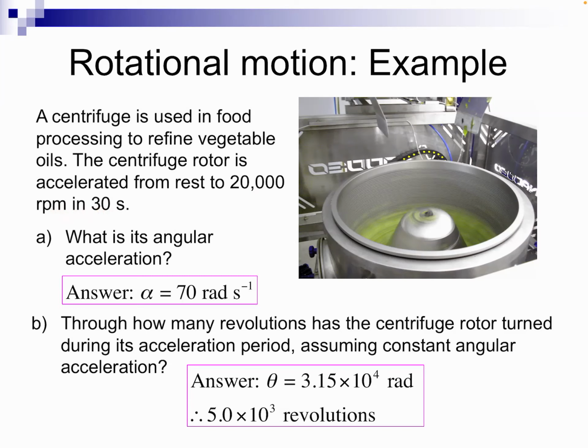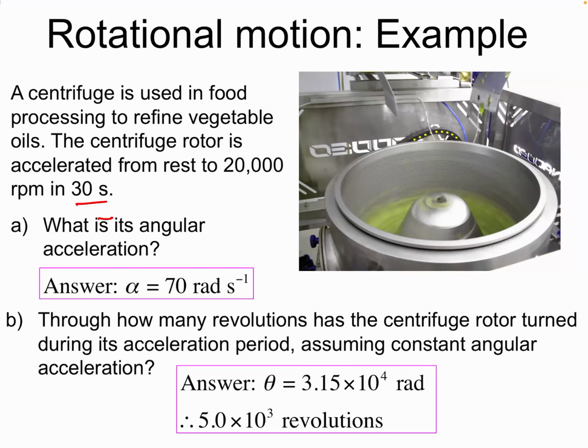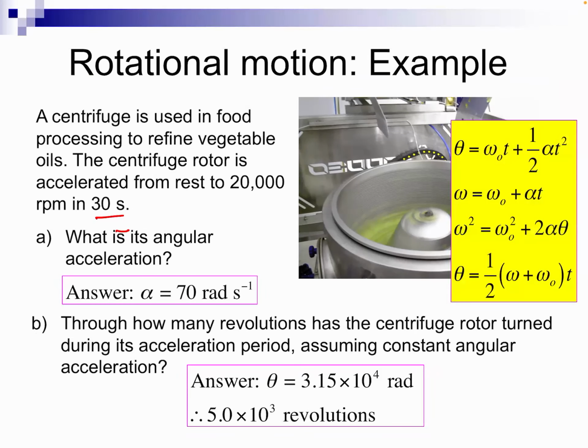What is the rotor's angular acceleration, and how many revolutions will the centrifuge make over this acceleration period, meaning over 30 seconds? The angular kinematic equations are shown here. I'll give you a couple of minutes to think about this problem and maybe start working on the solution.